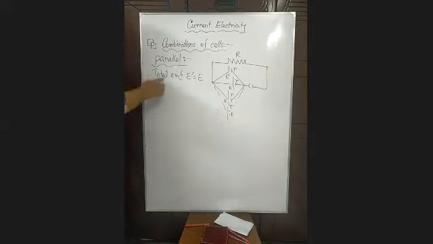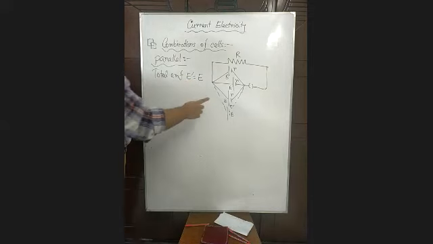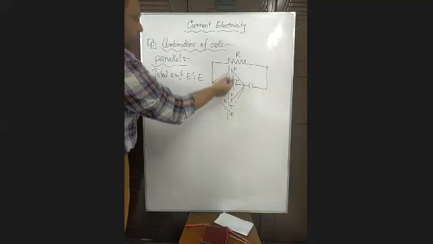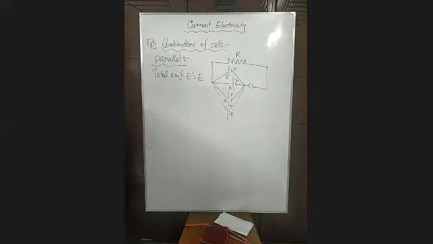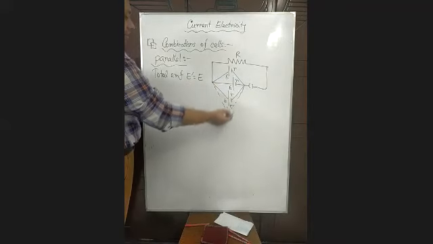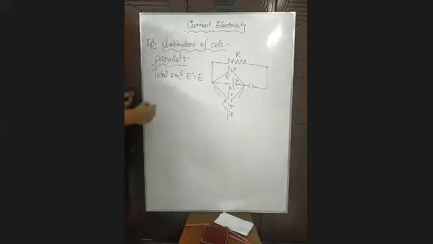So the total EMF, E bar, can be said as the EMF of only one cell, and that is only E. But if we talk about the total resistance, all of the internal resistances are connected in parallel. So what is the parallel combination for resistance?